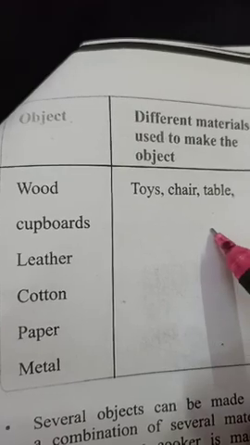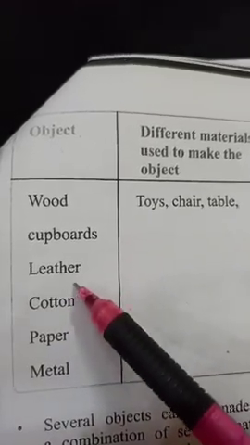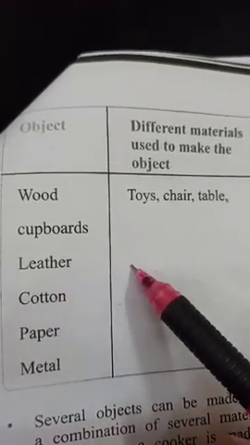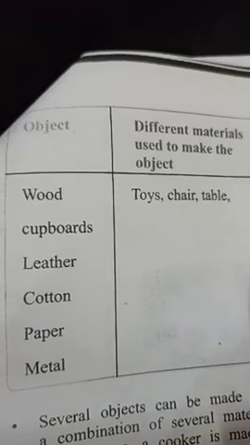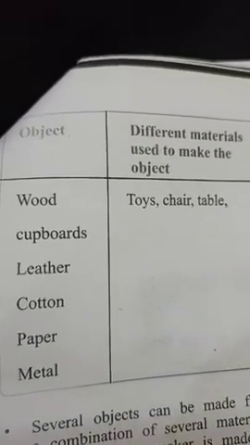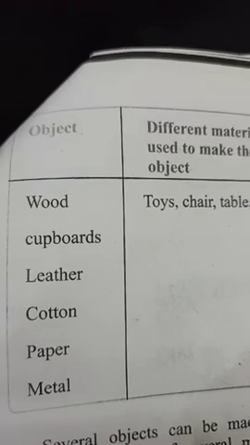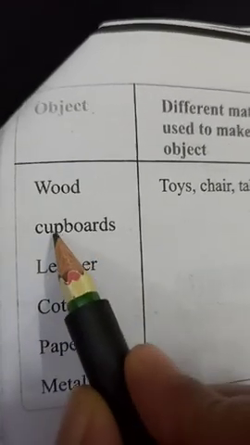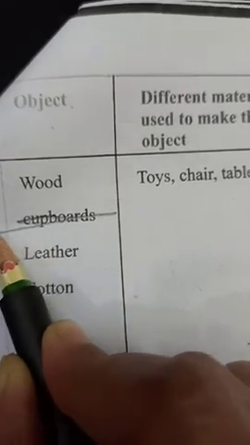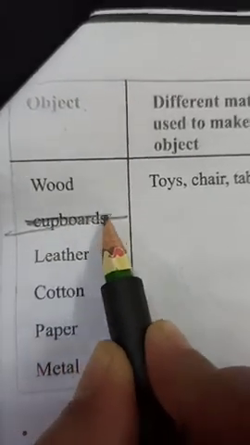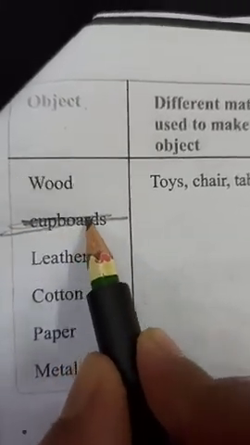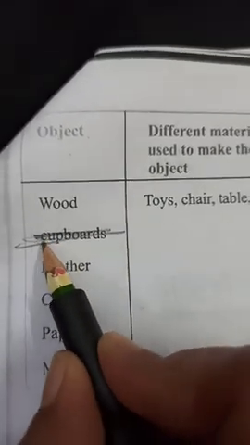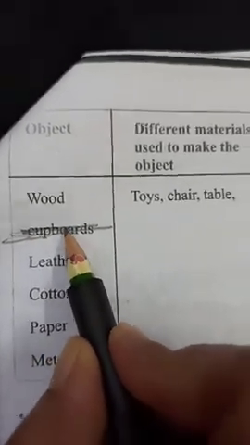Okay, and next is leather. From leather also you can make many of the materials, but here I think this option they have written wrong. You just strike out this option. Okay, because cupboard is not a kind of object, it is a material.